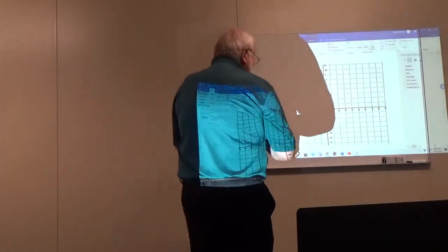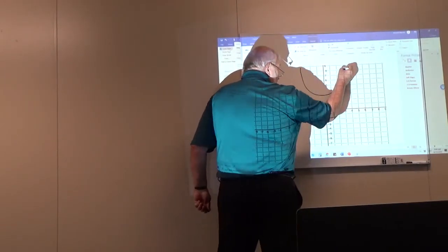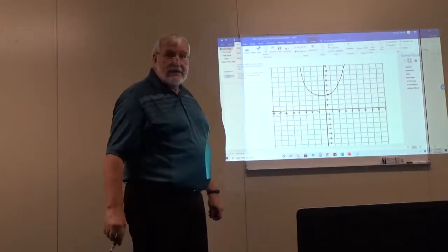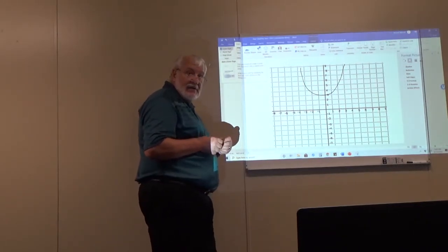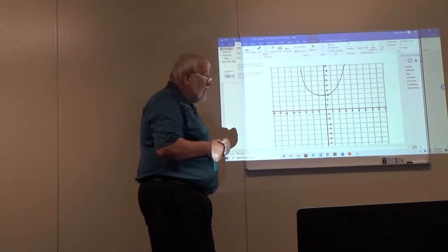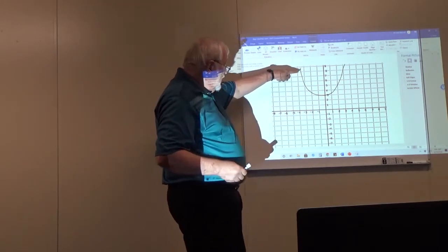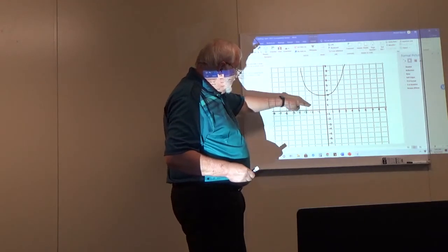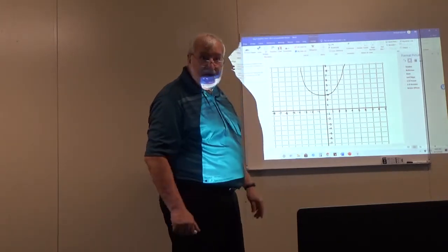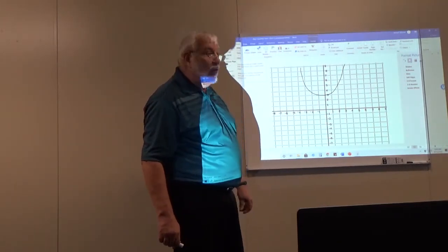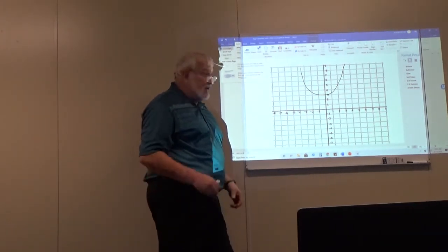Alright, so if I give you a function that looks like this, is that a function or is it just a relation? That'd be a relation. Why? Well, let's look. How many times do these vertical lines cross that graph? Oh, so it would be a function because it passes the vertical line test. Right?